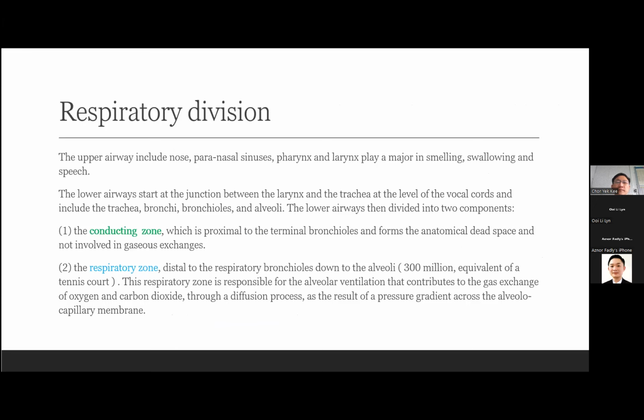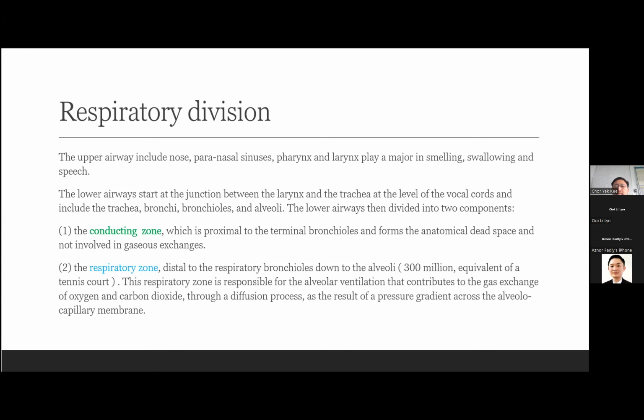For our respiratory division, there's upper airway and lower airway. The upper airway includes from the nose until our larynx, which plays a role in swallowing, smelling, and also talking. The lower airway starts at the junction between the larynx and the level of the vocal cord, and goes downward until our alveoli. This lower airway is further divided into 2 components.